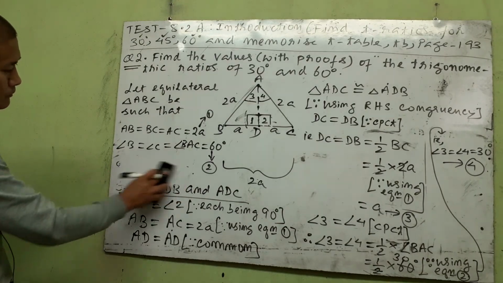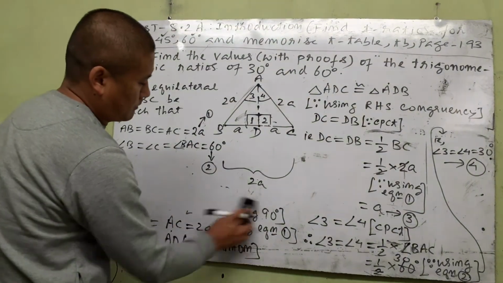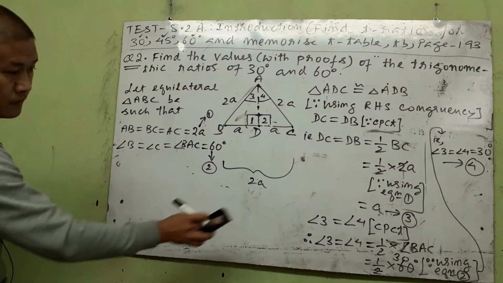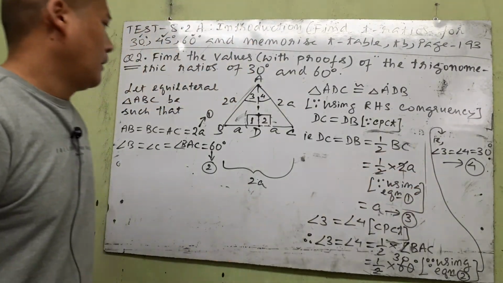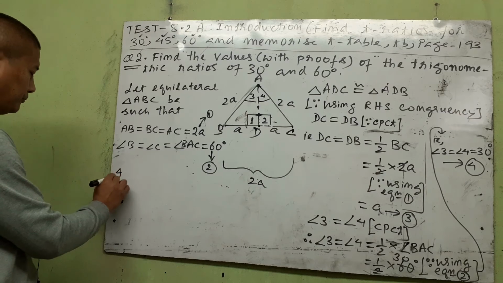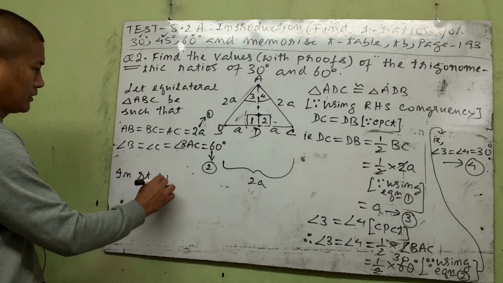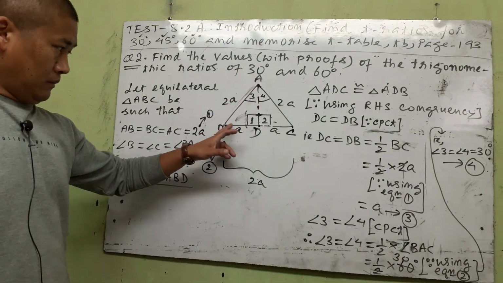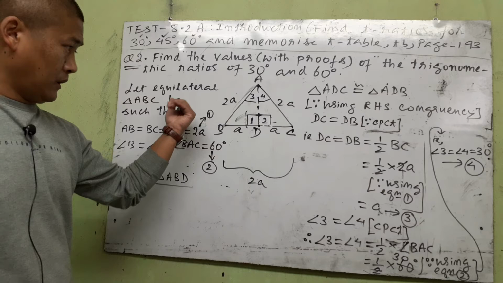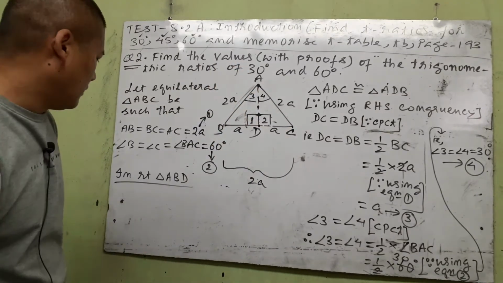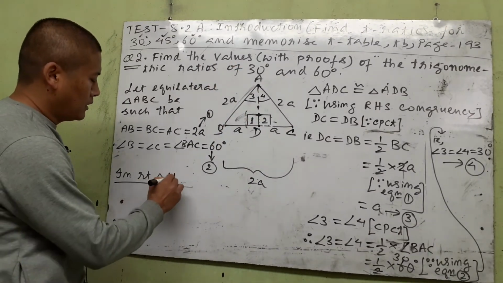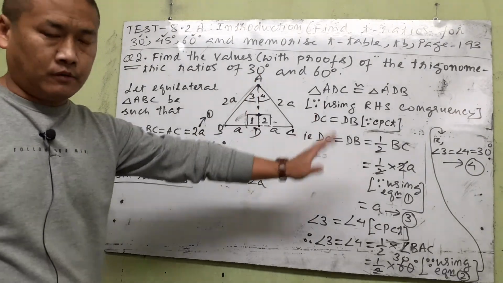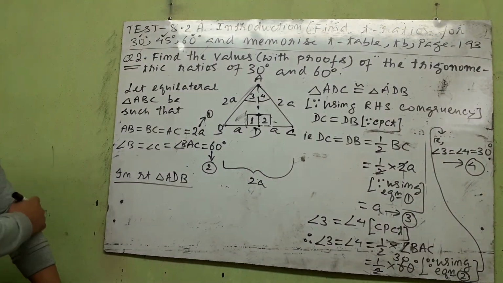Now let us take this triangle here and write triangle ABD. You can take any one you like, ABD on the left side or ADC on the right side. We're going to take one of these right triangles, on the left or on the right. Don't take both, okay?